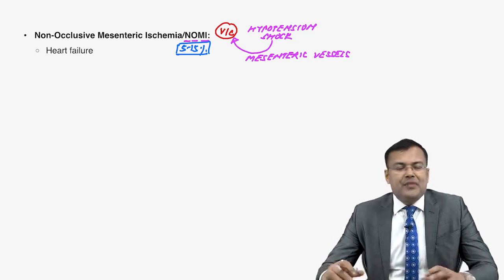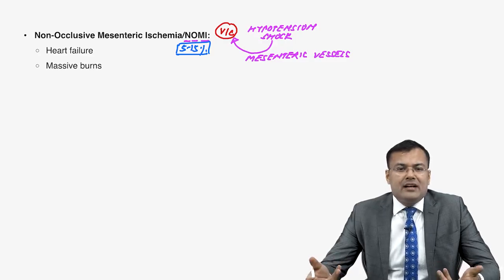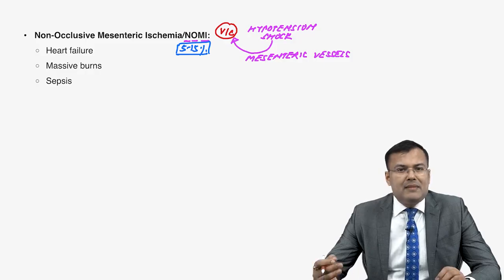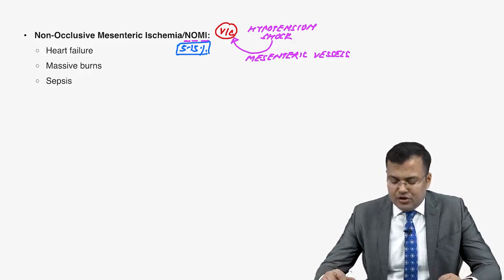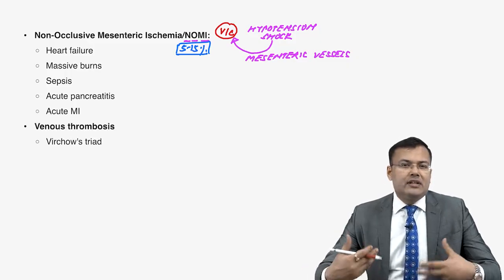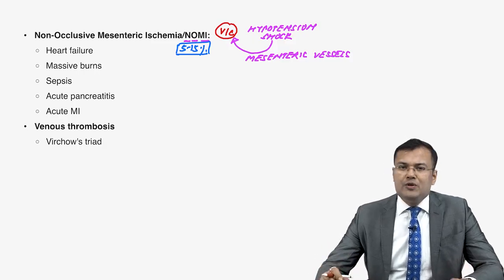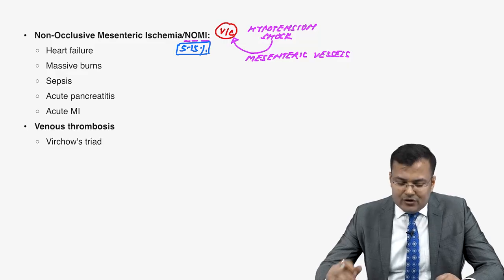Anything in which there is shock, like heart failure, where the pumping action of the heart is gone, massive burns, because of which there is hypovolemia or shock, sepsis, which can lead to septic shock. In acute pancreatitis also there is third space loss. Acute MI can also lead to non-occlusive mesenteric ischemia.